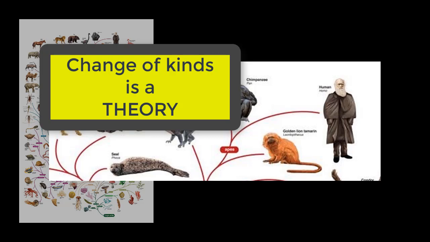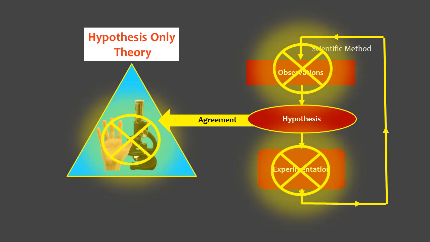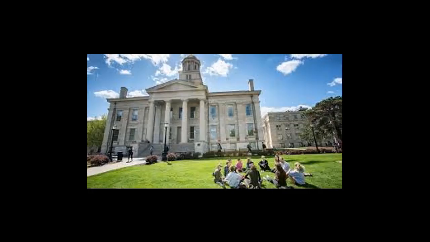These are all based on hypothesis-only theories, meaning the event cannot be observed, nor can such event be experimented on, obviously. And so these are pure theory with no science behind them whatsoever other than conjecture and opinion.